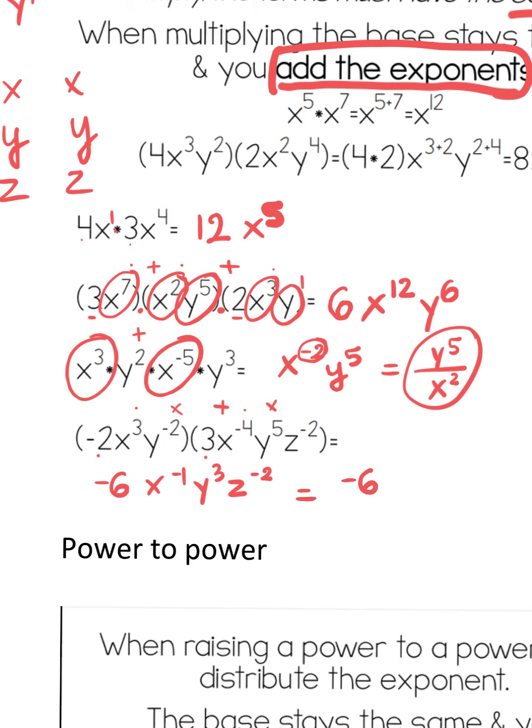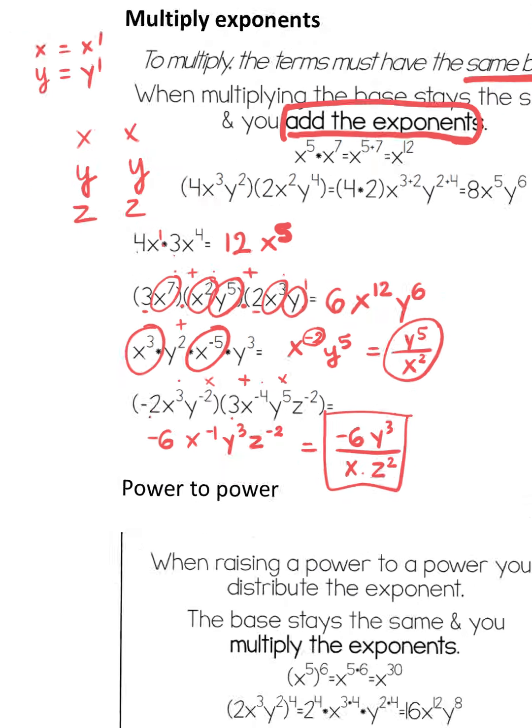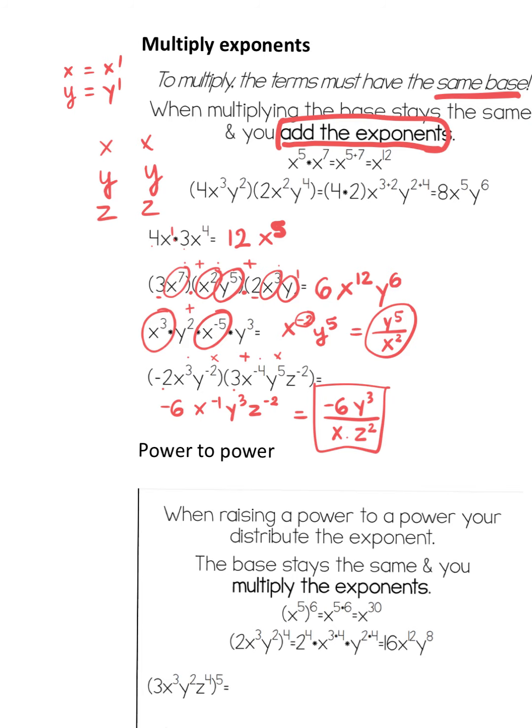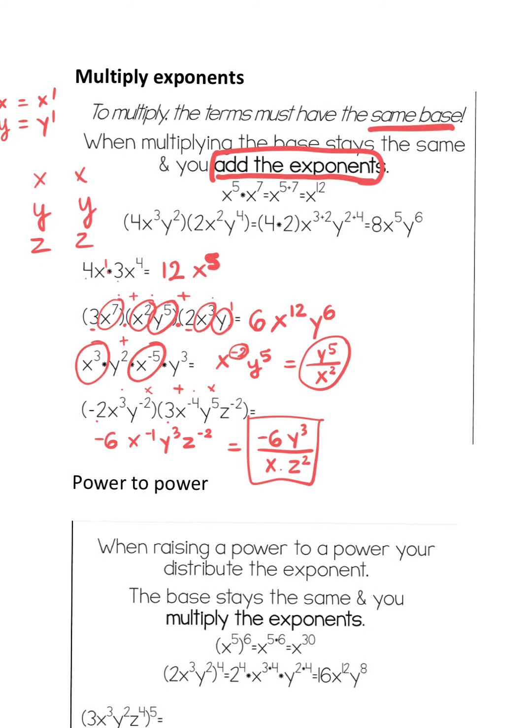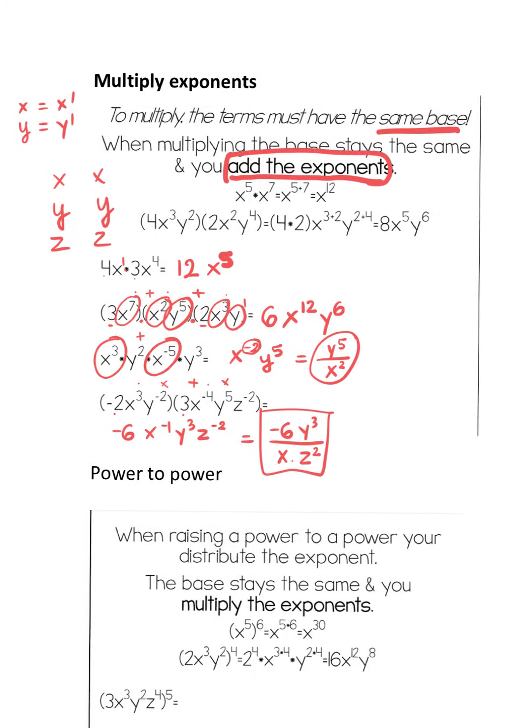Negative 6 is negative 6. y^3, and then x will be at the denominator, become x to the power of 1, and times z to positive 2. Okay. All right, I am going to move on because we do multiply. So I'm going to take the dividing first and then come back to power to power.